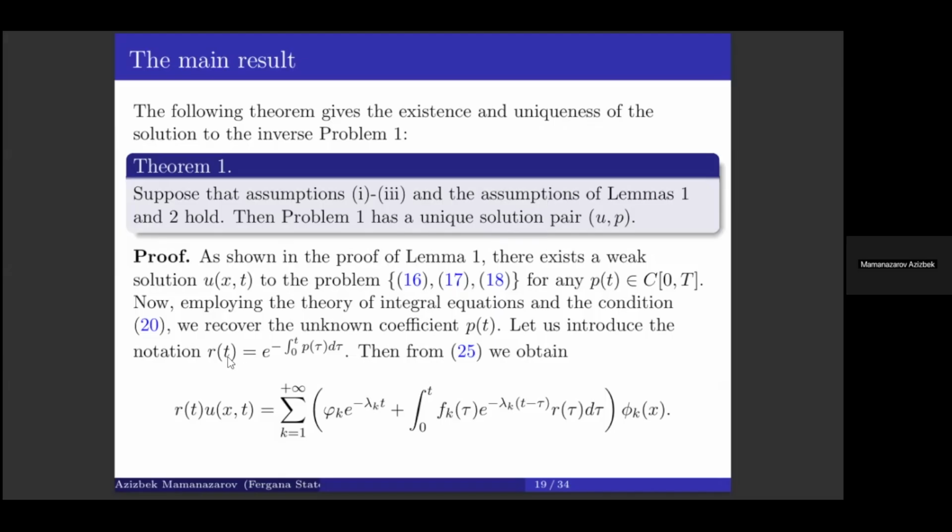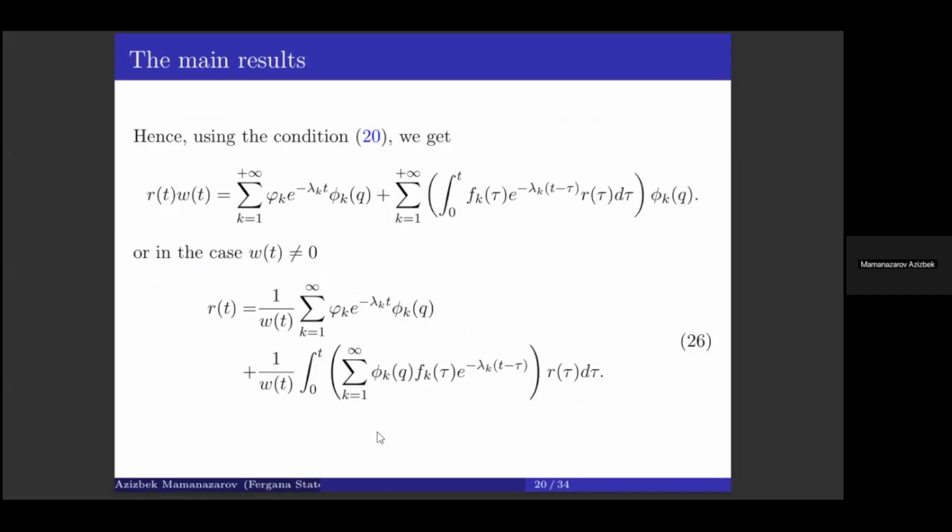We introduce this type of new unknown function, and by multiplying both sides of 25, we get the following equality. And here, using our determination condition, we get the following inequality.